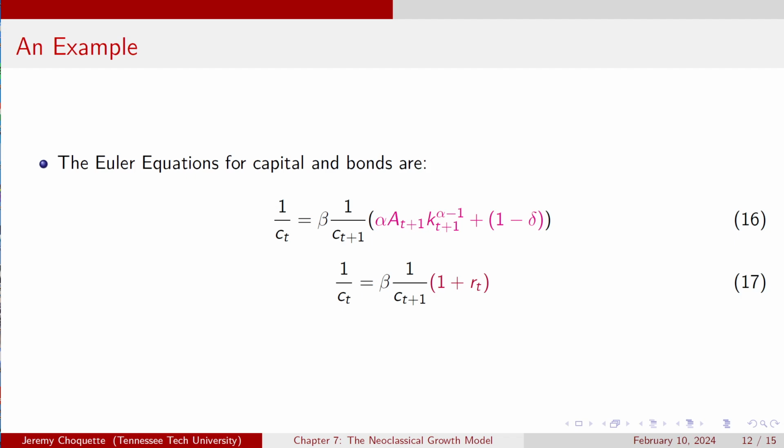It takes just a little bit of manipulation inside the parentheses in equation 16. If you can get equation 16 in the form of 1 plus a bunch of other stuff, and then look at equation 17 and go, okay, consumption is the same here. Beta is the same. ct is the same. ct plus 1 is the same. So the only thing that's different is what's in those parentheses.